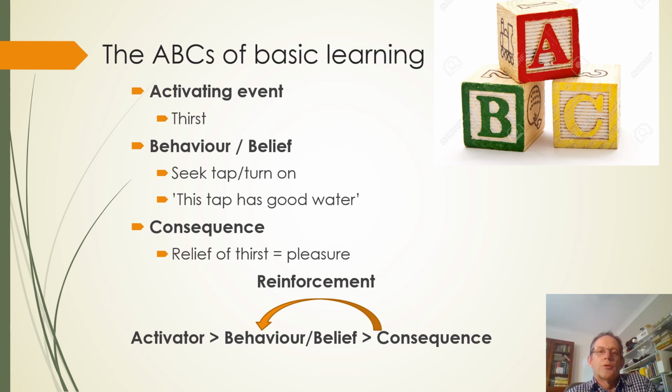This is simple biology, and it happens at a gut level. And the flip side also is that if the consequence has negative feelings, that is, it's more of a punishment or a negative effect, then it will make it less likely for those behaviours and beliefs to occur next time for the same event.